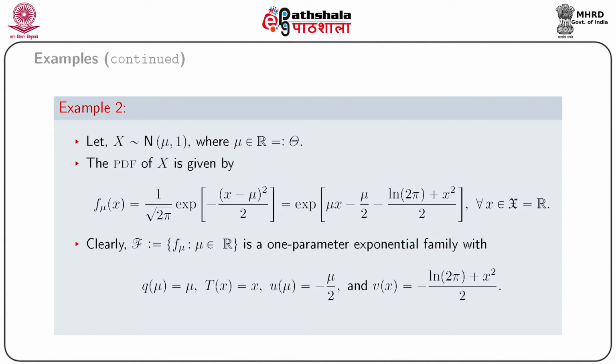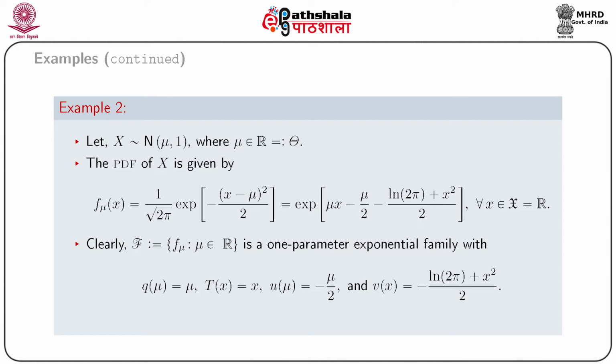Example 2. Let x follow normal distribution with mean mu and variance 1. Then the PDF of x is f x equals 1 by root 2 pi into e to the power minus half into x minus mu whole square, which can be written as e to the power minus log 2 pi whole divided by 2 minus x square by 2 minus mu square by 2 plus x into mu.